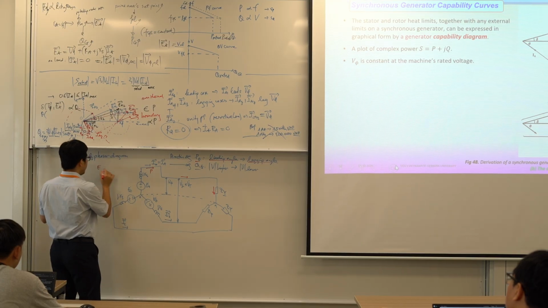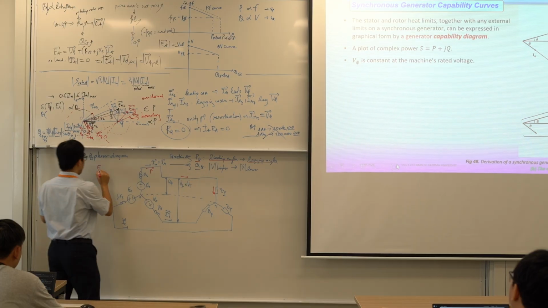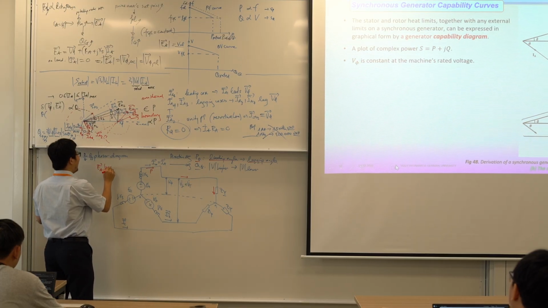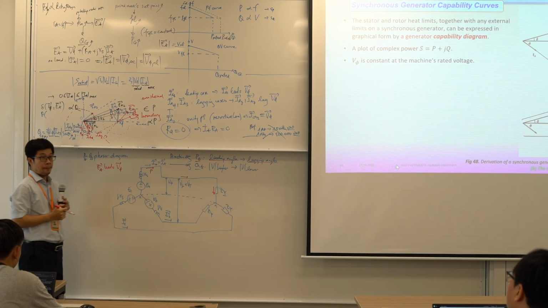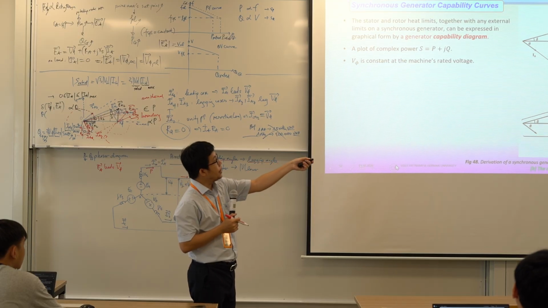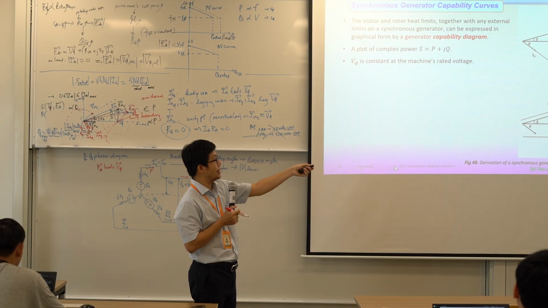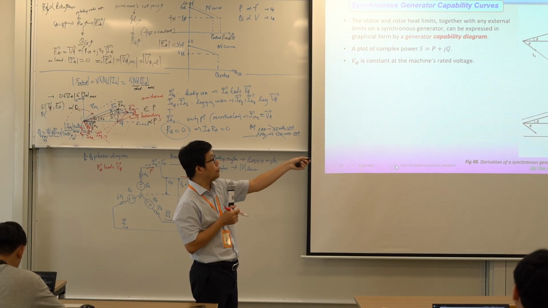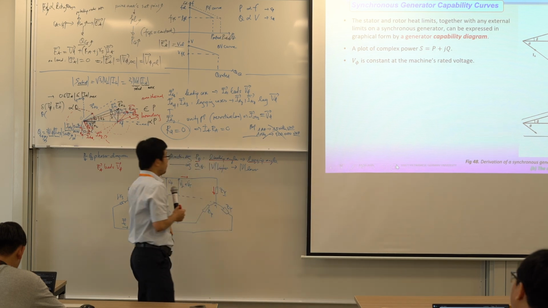So now we consider EA. If we follow active power flow, EA should lead V phase. So look here. Now EA is here, V phase here. So that means EA leads V phase, because the power will flow from the leading angle to the lagging angle, right?